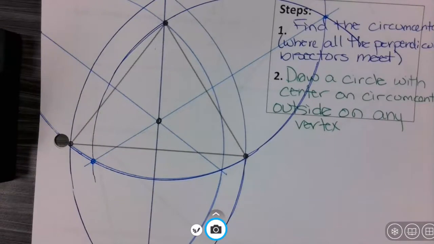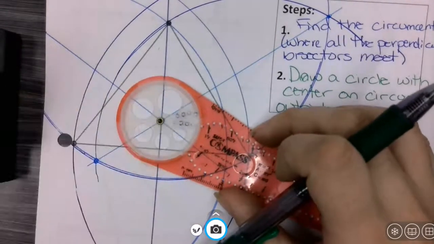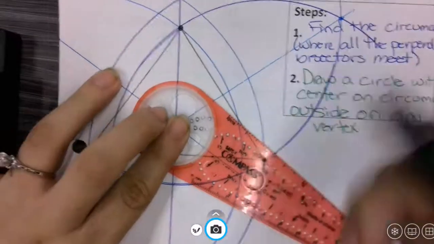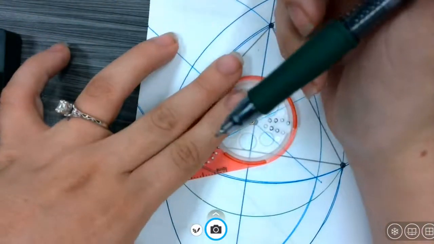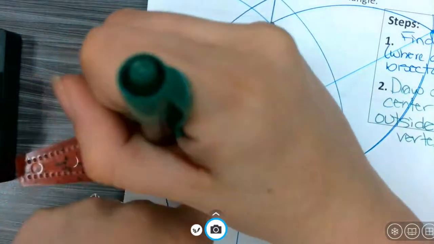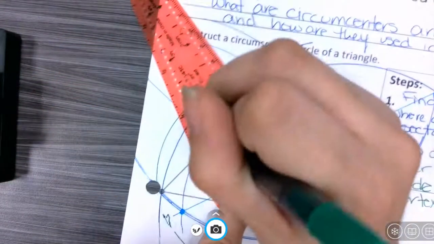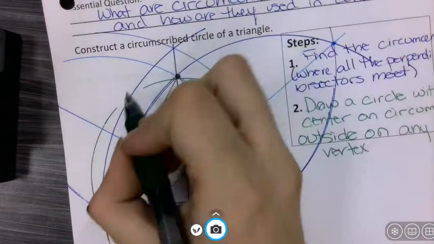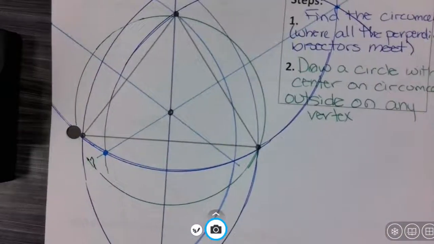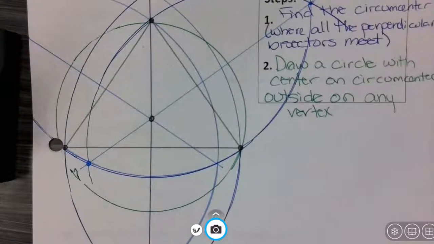Okay, so then my next step is I put the gold piece here, and then I find one of the vertices of the triangle. Okay, so the green circle is what I want.